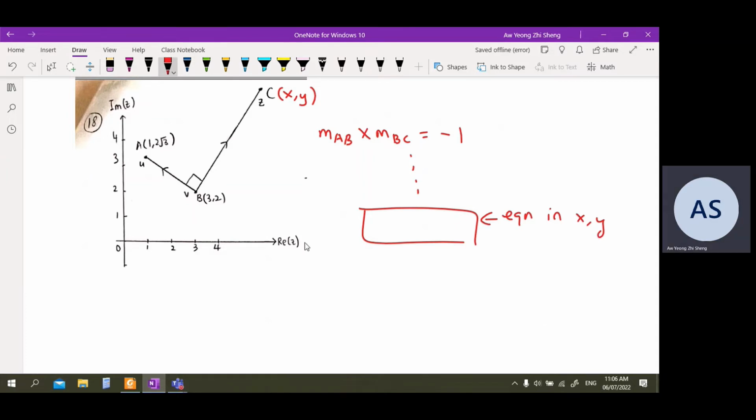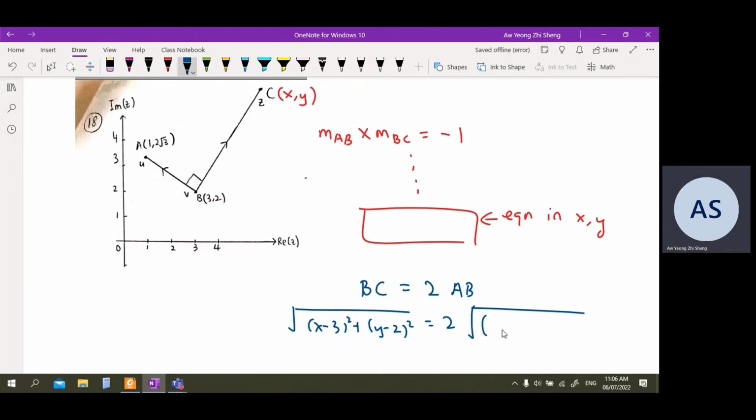Then I can also make use of the fact that BC has twice the length of AB. So I can calculate the length of BC and equate it with 2AB. The length of BC will be the square root of (x minus 3) squared plus (y minus 2) squared, and it equals 2 times the square root of (1 minus 3) squared plus (3 minus 2) squared.